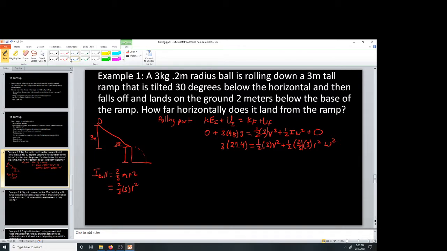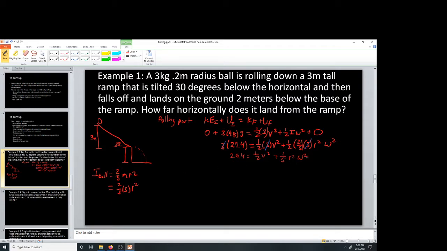So good. The reason I left those 3's there is because they're going to cancel out nicely enough. My 3s are going to cancel out. So 29.4 is equal to 1/2 v squared plus 1/5 r squared omega squared.